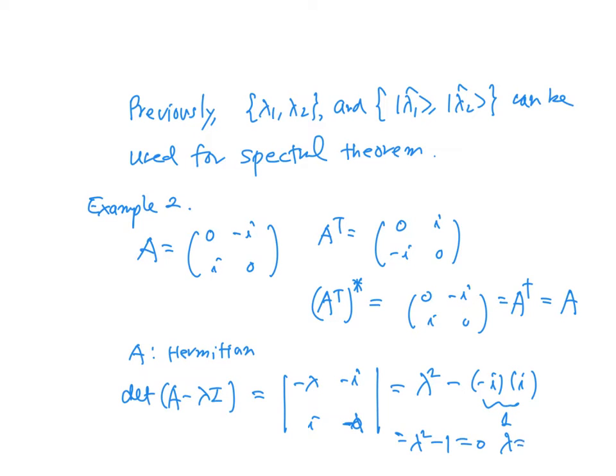So lambda is plus 1 and minus 1. So again, remember the expansion coefficients from previous classes. You can go back. It was plus 1, minus 1, right? And we normalize those vectors with 1 over square root of 2, (1, i) or (1, -i), right?